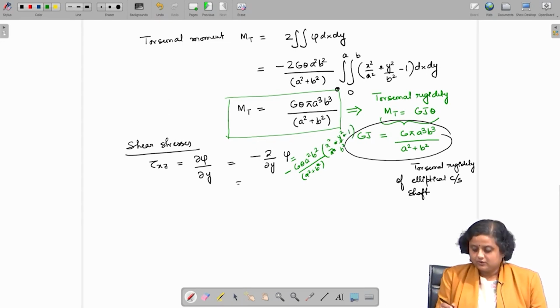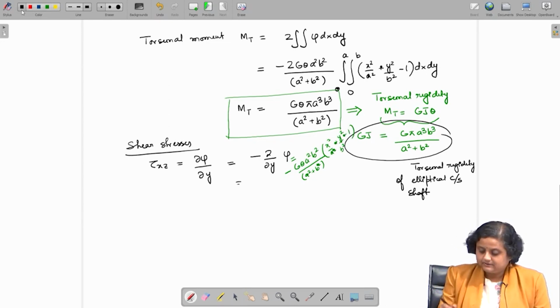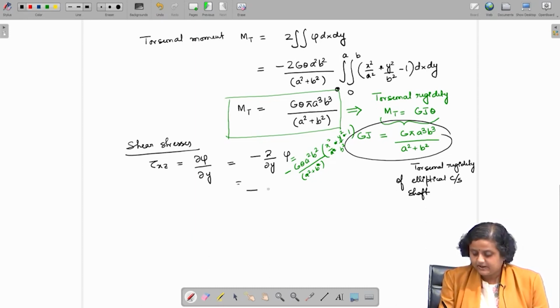We know this. So, if I evaluate this, skipping the intermediate step, this is going to be minus 2G theta a square y by a square plus b square.